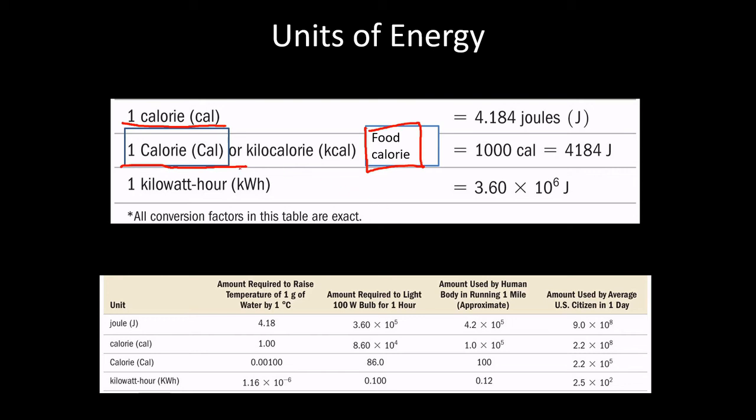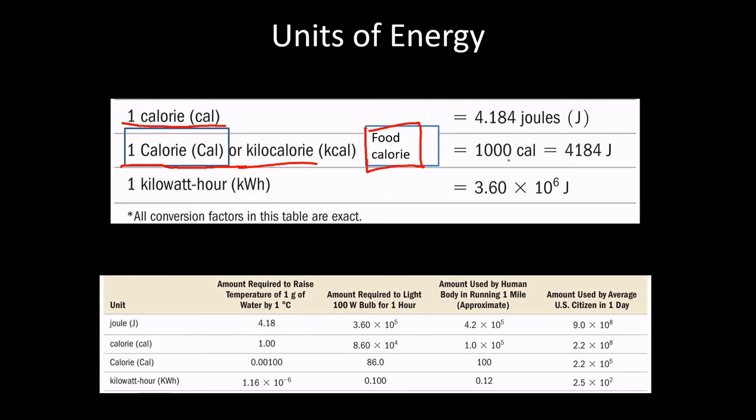If it says kilocalorie, that is saying that's a food calorie. Because a food calorie, what you read on a box of cereal or on a can of pop, is actually 1,000 of these normal calories, these scientific calories.